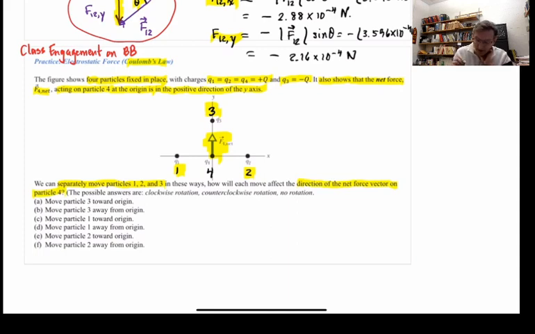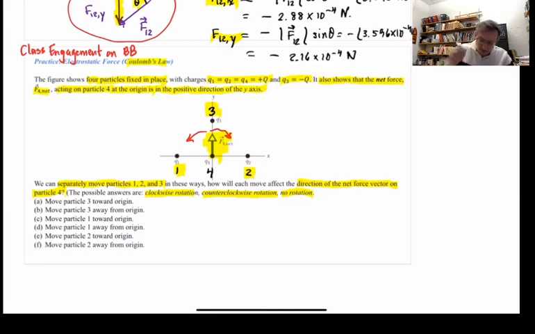The possible answers are that F4 net will rotate clockwise, that way. F4 net will rotate counterclockwise, that way. Or F4 net will not rotate at all. It's one of those three.